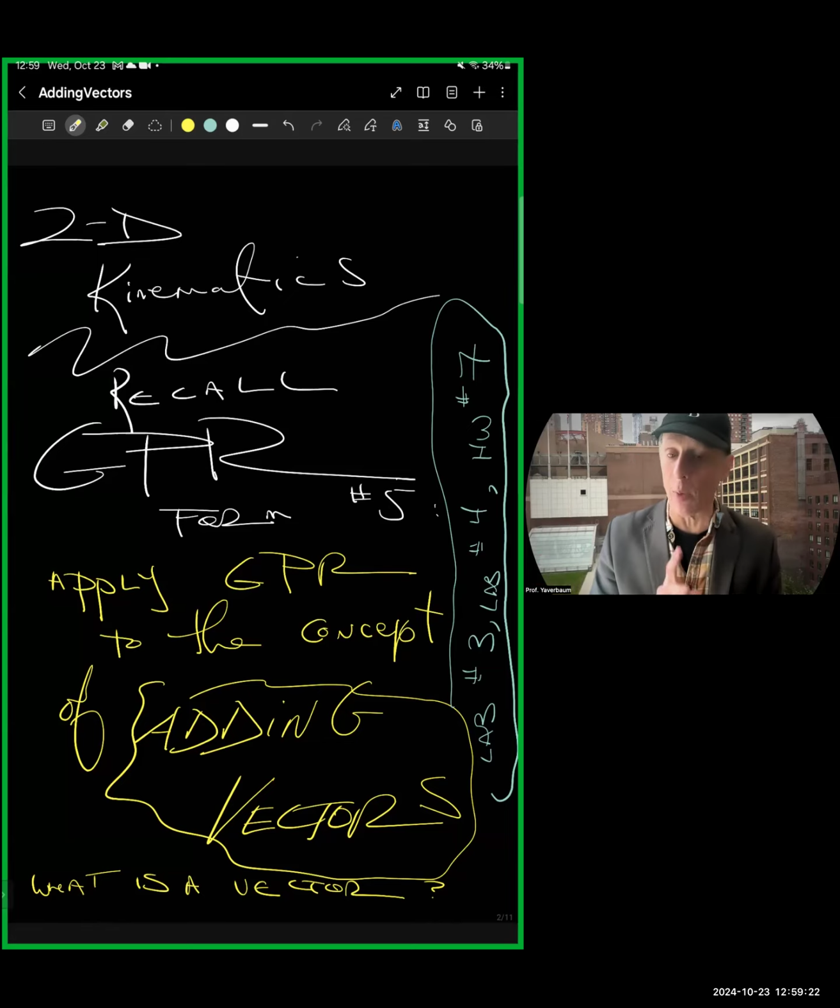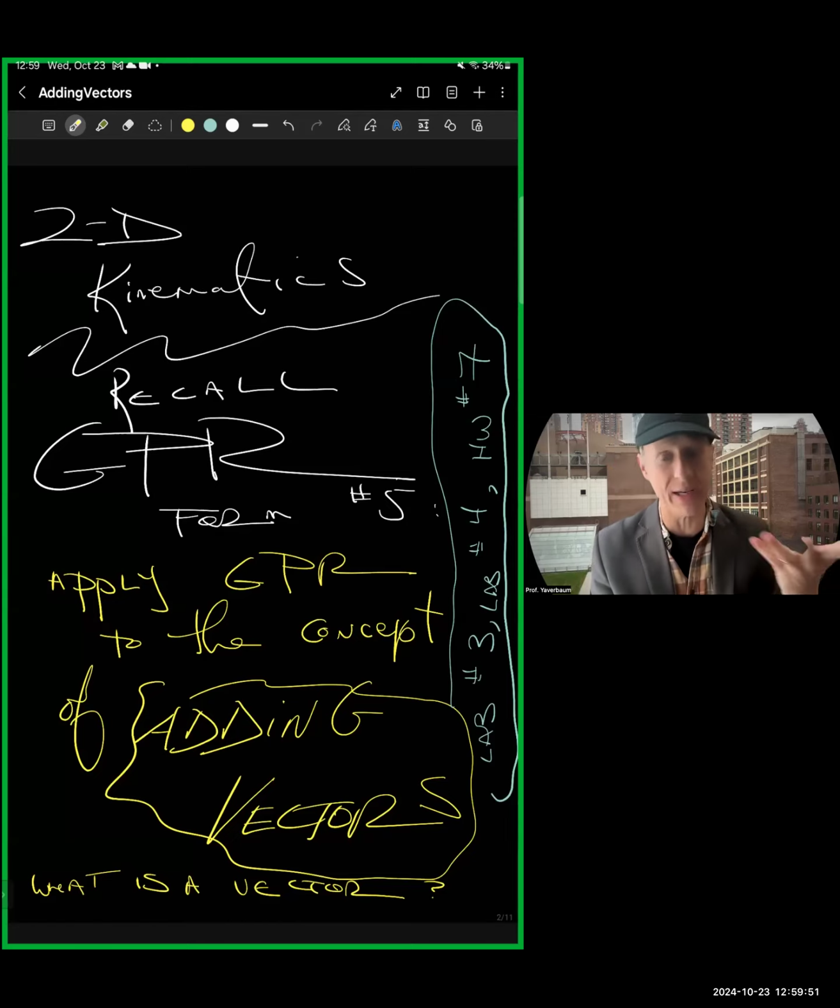And more specifically, I want to show you how to add together quantities that have a size and a direction within two-dimensional space. In other words, a direction that's a little bit more complicated than just plus or minus or something like that. So I want to show you how you add together two-dimensional directional quantities. That's what we're going to do. So we're going to show you how to add vectors.